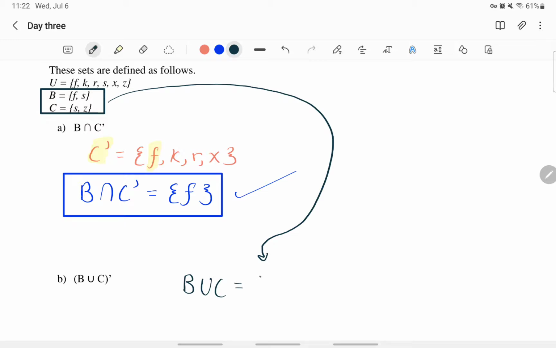So when I write that, that is going to be the set of F, S, and Z, because we combine the sets together to make one overall set. And as you notice, when I do that, I don't repeat the elements. If there is an S appearing twice, I only write the S one time.